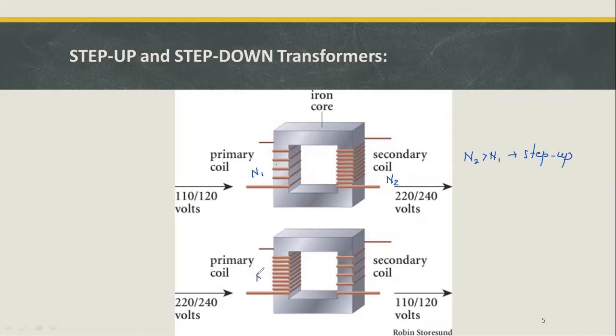Whereas here, if N1 is greater than N2, we are going to get a step down transformer. You can see here the voltage has been stepped up from 110 to 220 volts, whereas here the 220 volts has been stepped down to 110 volts. So this just gives a picture of how a step up transformer and step down transformer look.